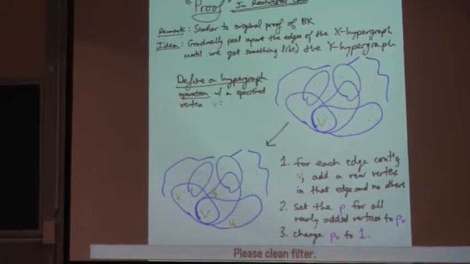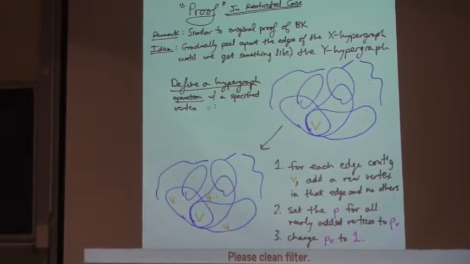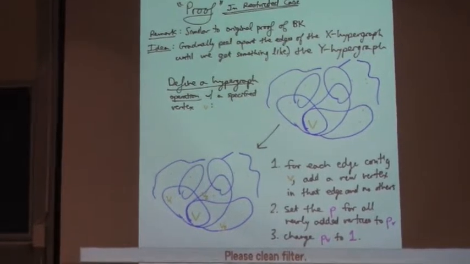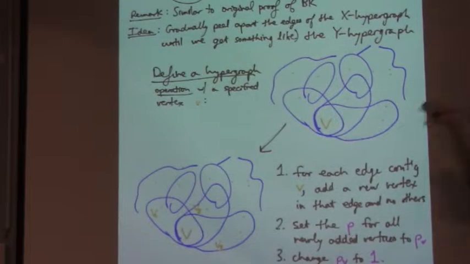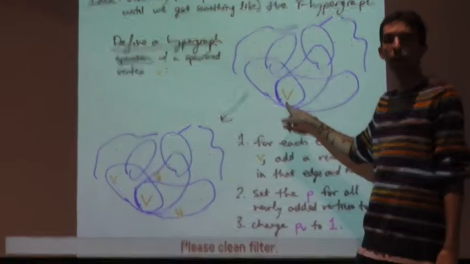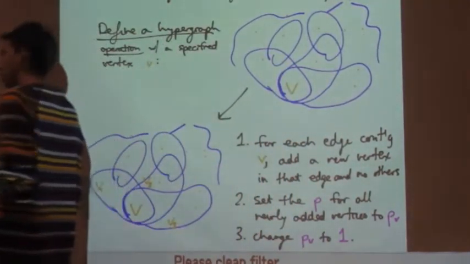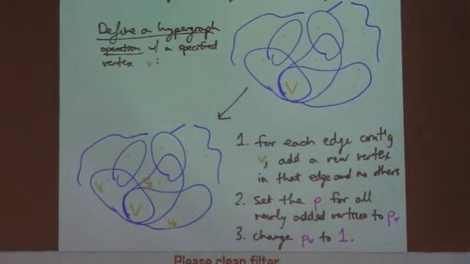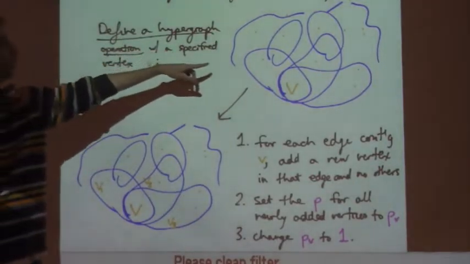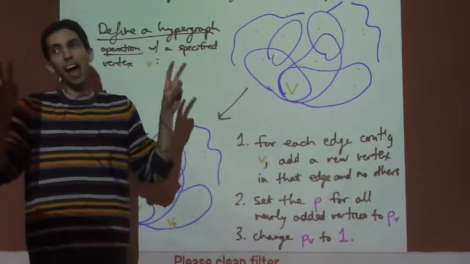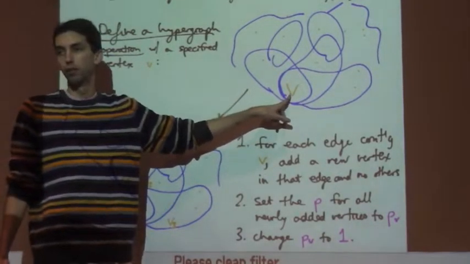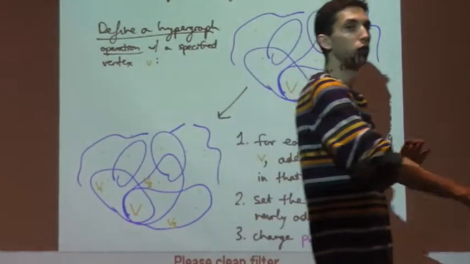Okay, so let's define an operation that you can perform on any hypergraph given a specified vertex V. The hypergraph has to have probability weights on its vertices. I'm going to do three things.